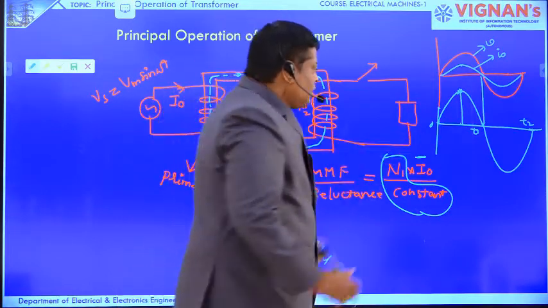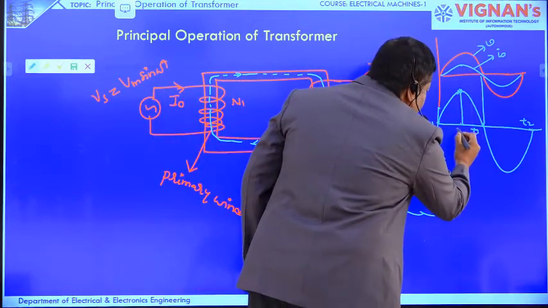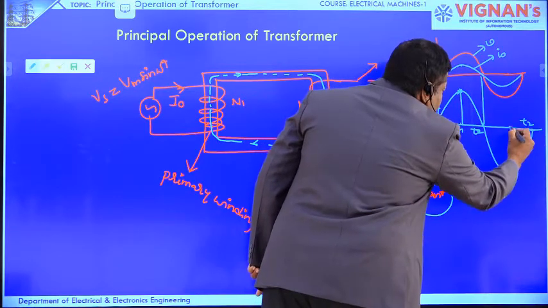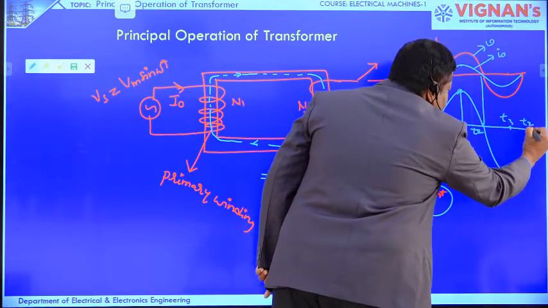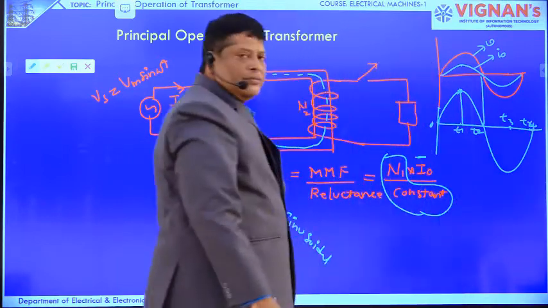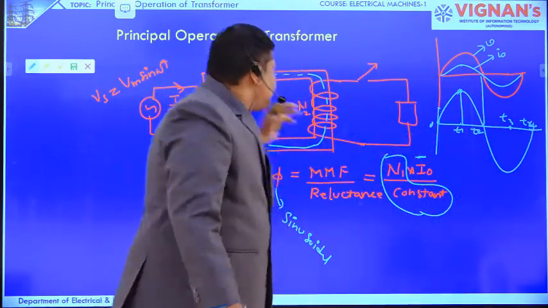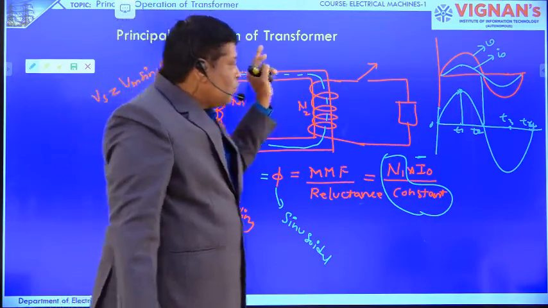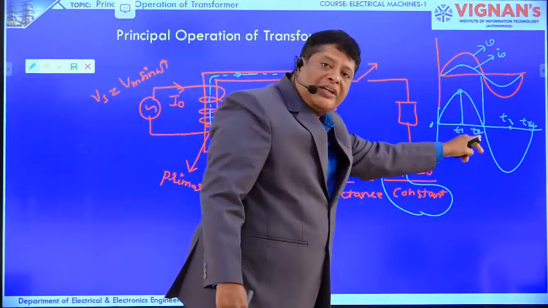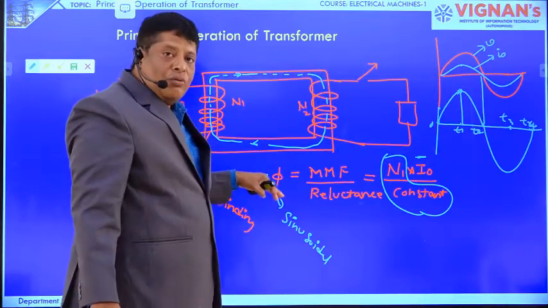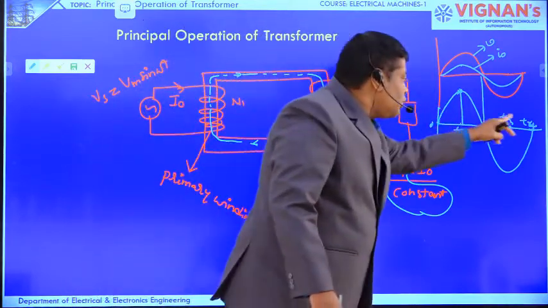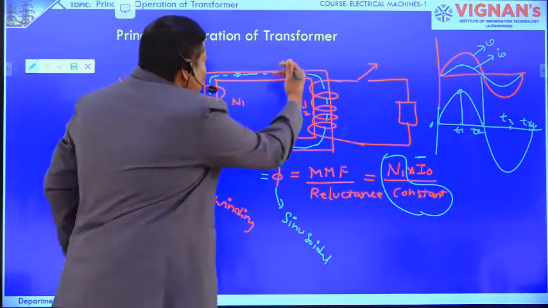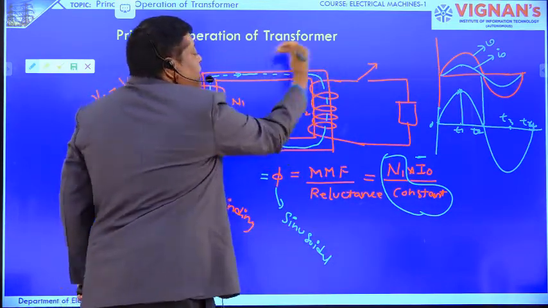Take this instant as t2, this as t3, and this as t4. At t1, in the same direction, the magnetic flux will be maximum. At t2, the flux comes to 0. Again, between t2 and t3, the direction of flux is negative. Now the flux will be flowing in the opposite direction. In this direction the flux will flow.